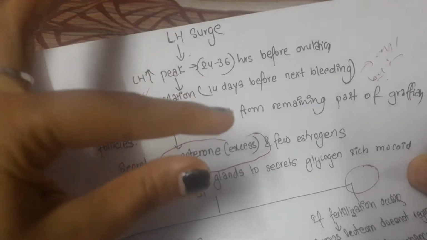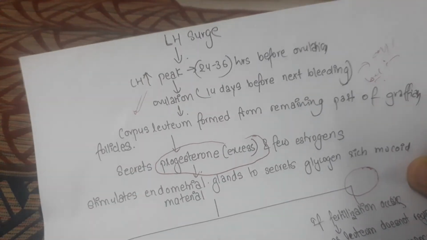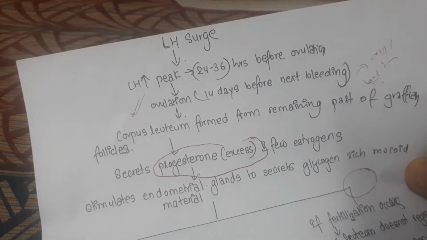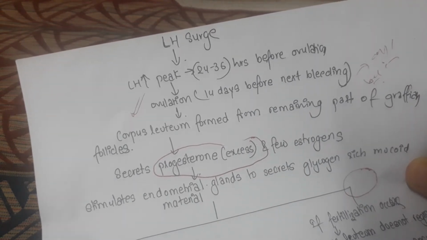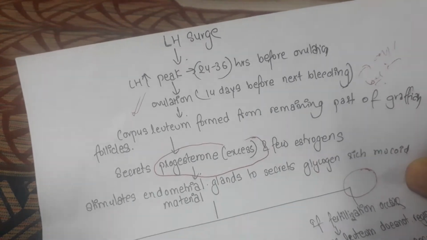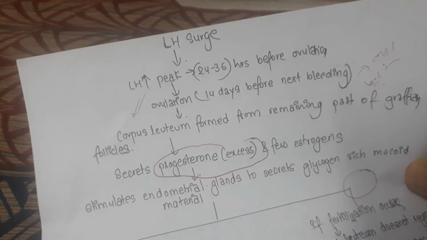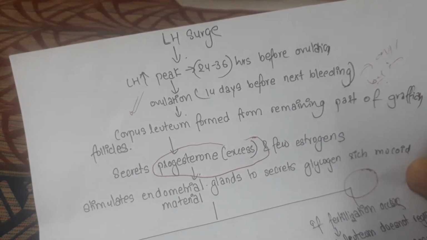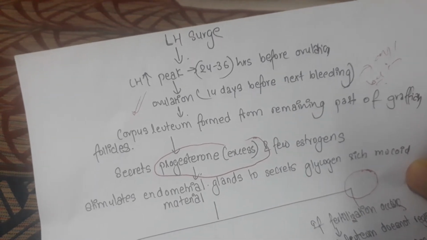Progesterone is released so that after ovulation happens, our body thinks that now there will be fertilization. But in a lot of cases fertilization won't happen, or in a few cases when fertilization happens, the formed zygote has to come to the body of the uterus and rest here.